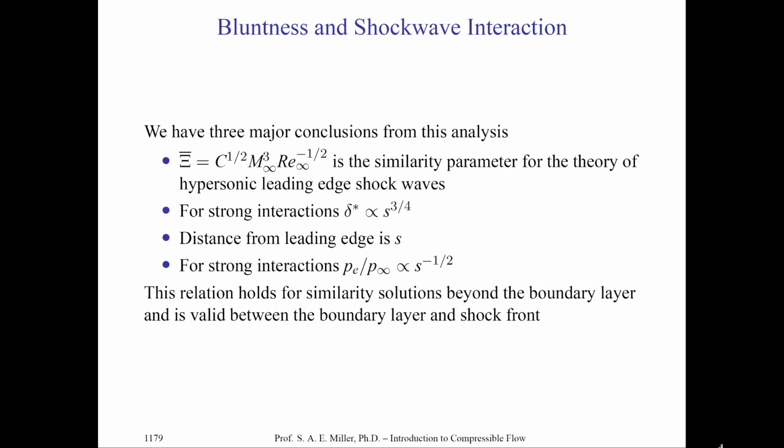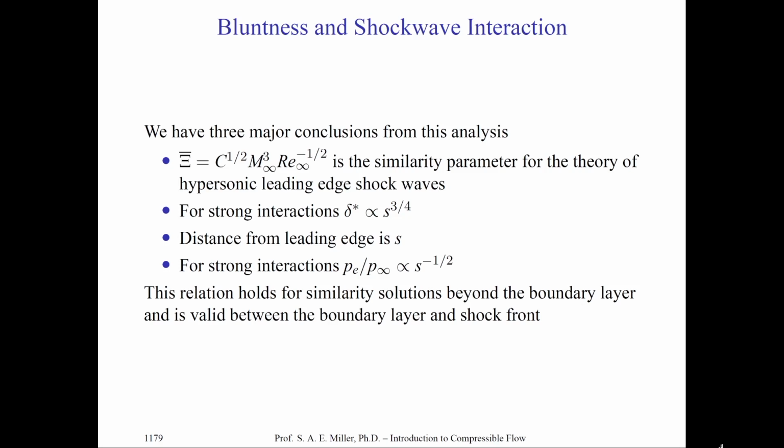So we have three major conclusions from this particular mathematical analysis for blunt objects in hypersonics. The first is we have shown and developed for laminar boundary layer flows over the initial part of the hypersonic vehicle. Of course, they transition, but initially they're laminar. That theta goes as C to the half M infinity cubed R to the negative 1/2.